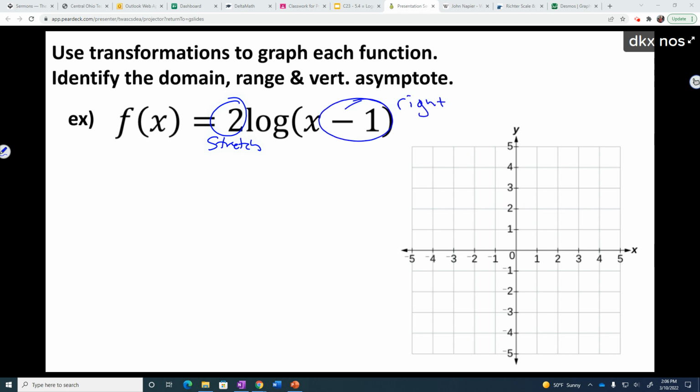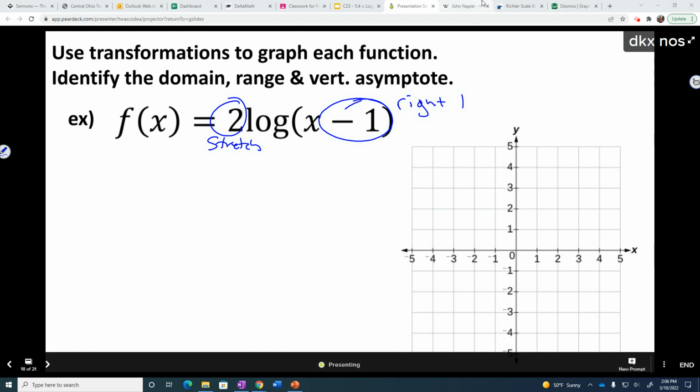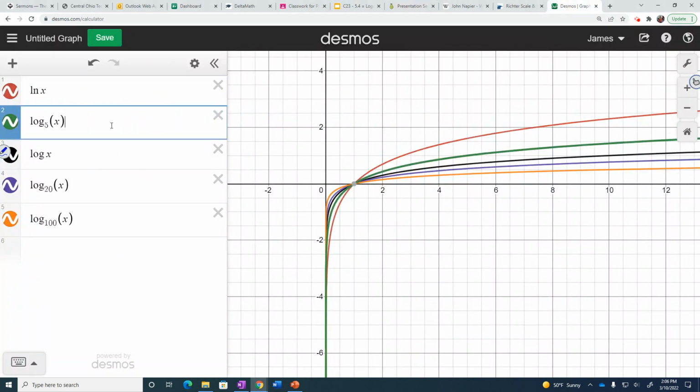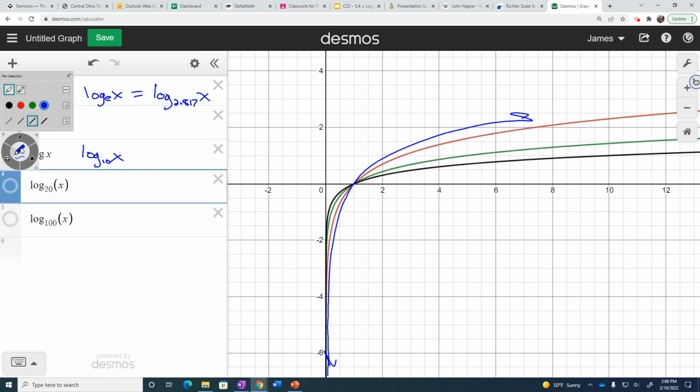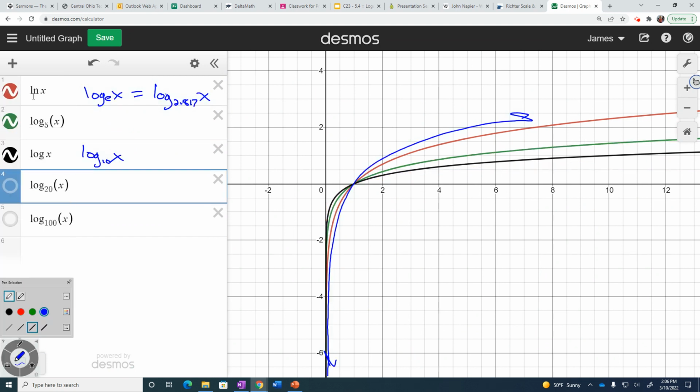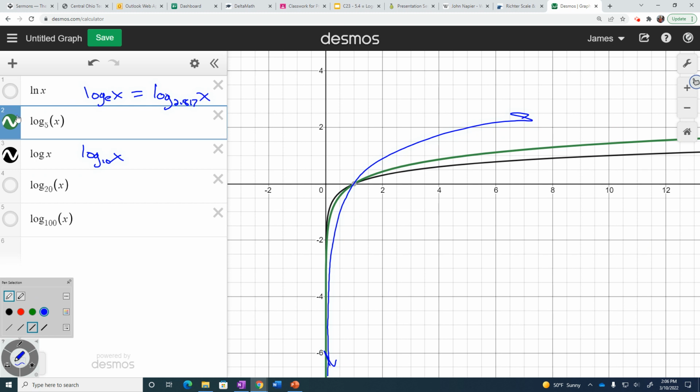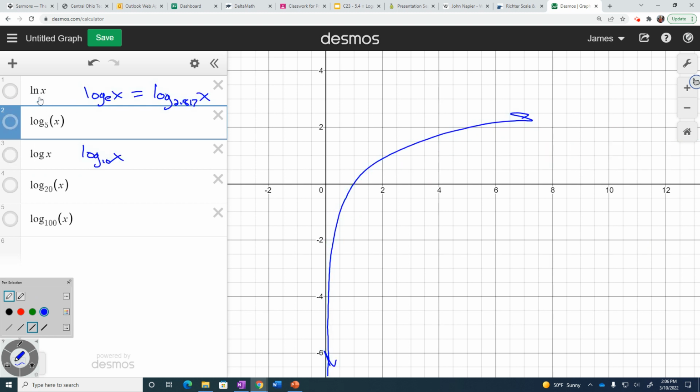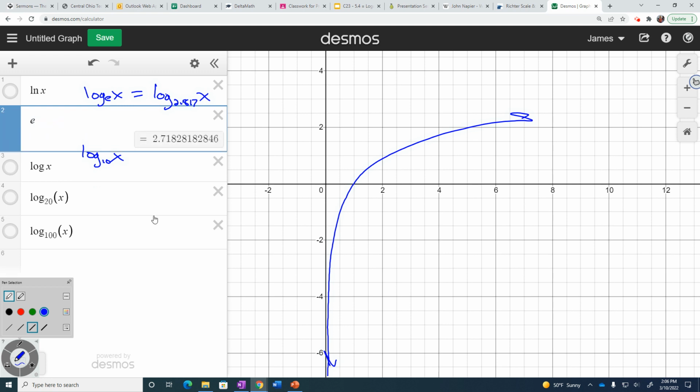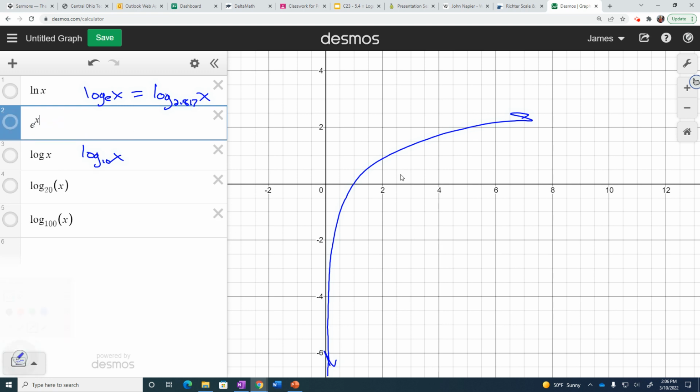Now let's see real quick what a stretch does. When we did e to the x, do you guys remember how the stretch took it through a 2 instead?